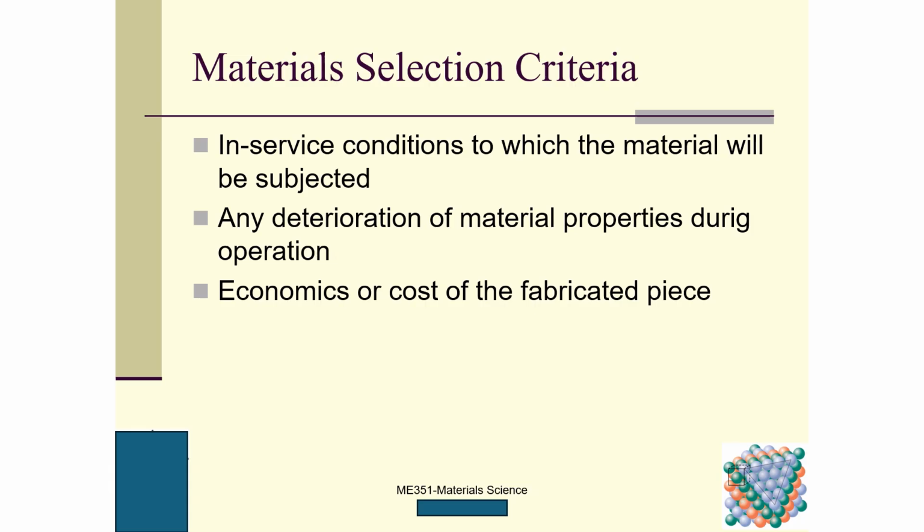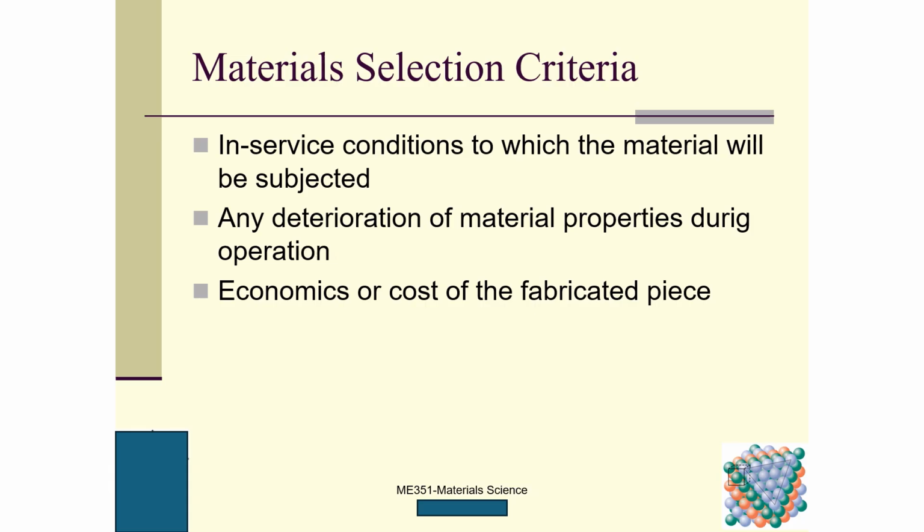Then we talk about material selection criteria. When you select a material, you need to consider several things. First one, the in-service conditions to which the material will be subjected. This is very, very important.